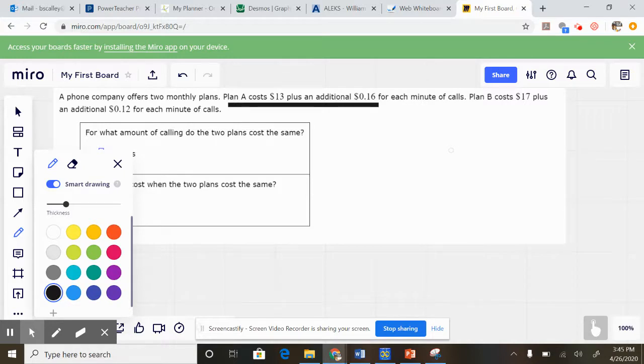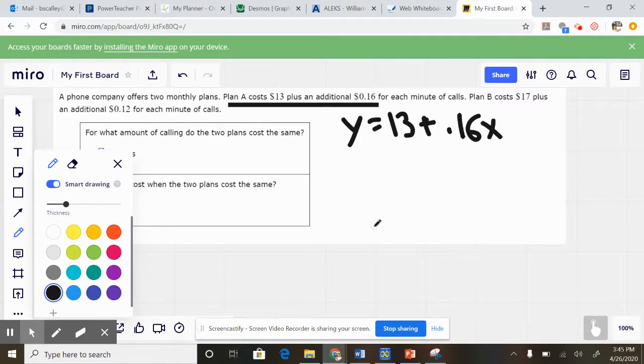So I'm going to say y equals $13 no matter what, plus 0.16x. So that's $13 plus an additional 16 cents. x stands for the number of minutes, so times the number of minutes of calls.